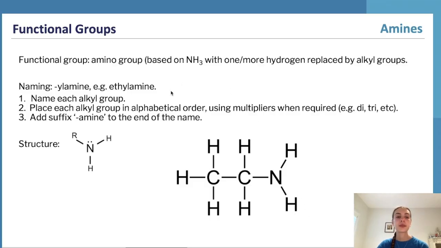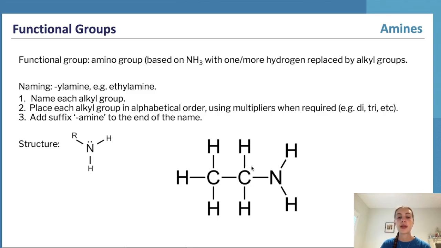So there's particular steps that need to be followed in order to name these, because they can go many different ways depending on how many of the hydrogens are replaced with R groups. So the first thing we need to do is name each alkyl group.